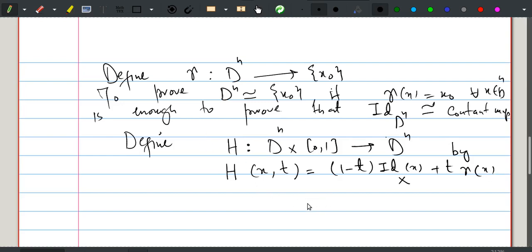So this is the same as 1 minus t times x plus t times x naught.